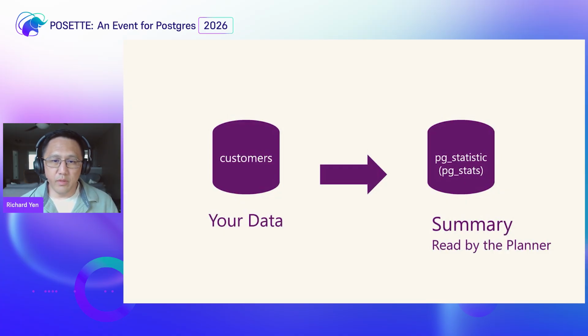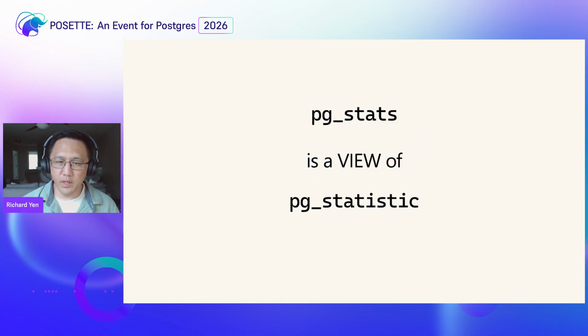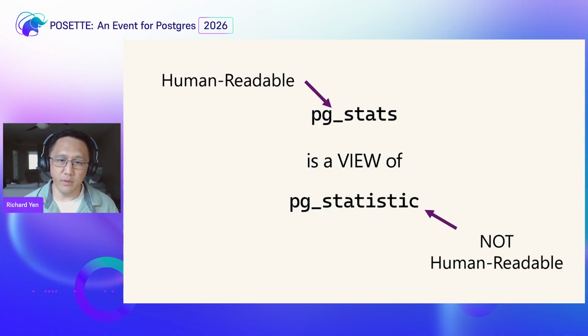The PG statistic table is basically like a summary. It's got a bunch of statistics about the table, the columns, some of the ranges, most common values, stuff that could be useful for the query planner to make that plan. And just to point out, the PG stats that we're going to talk about today is actually a view of PG statistic. So PG statistic is the table, and PG stats is a view of it.